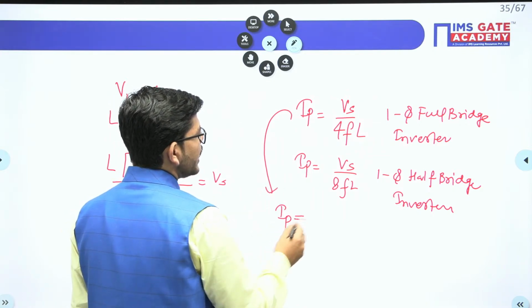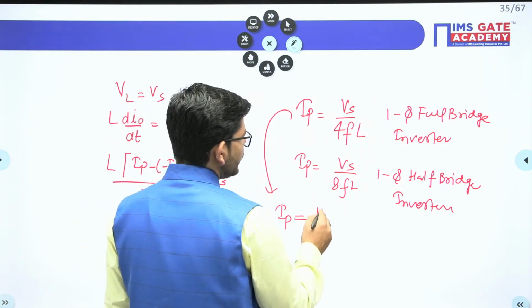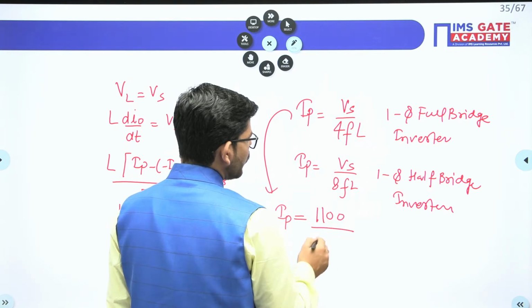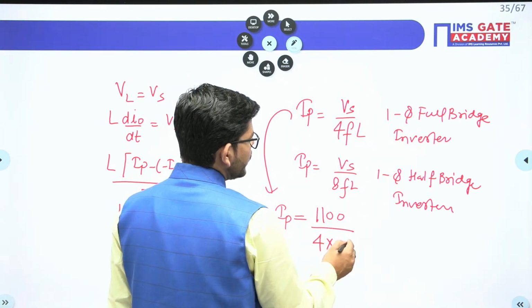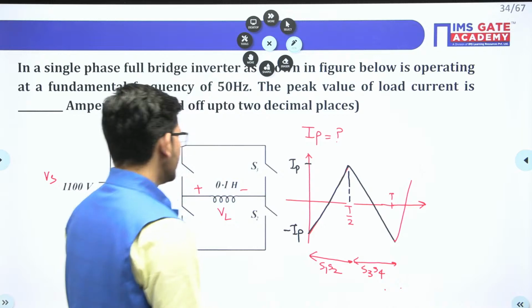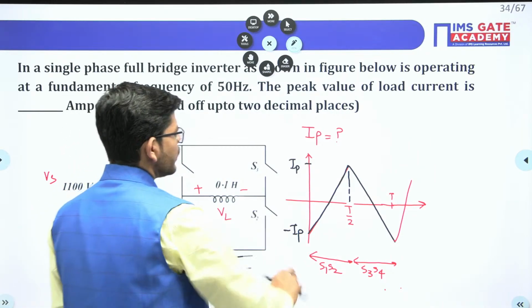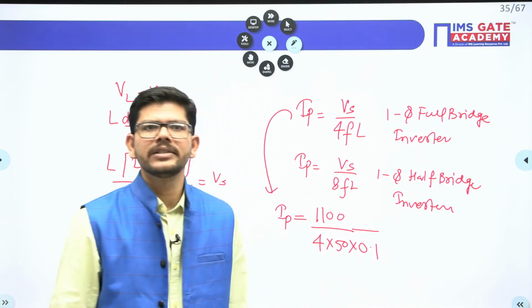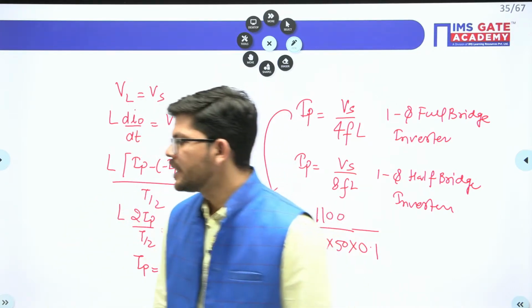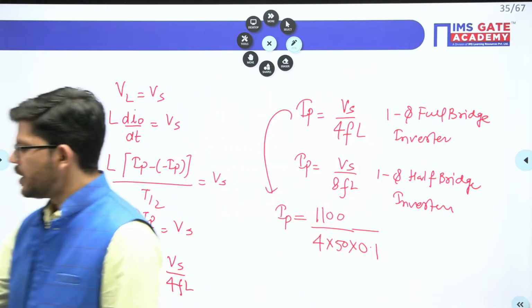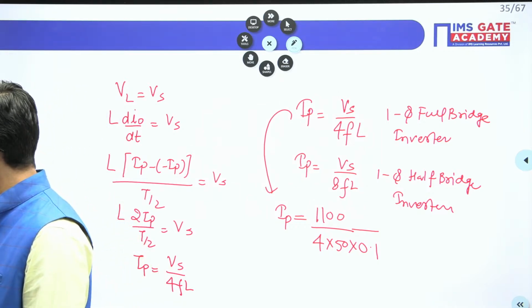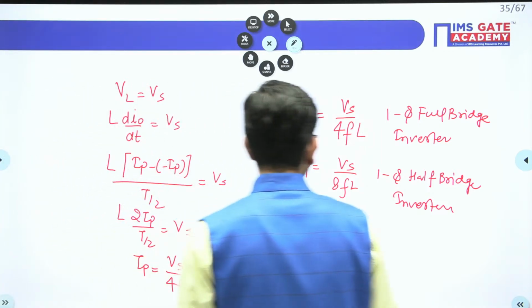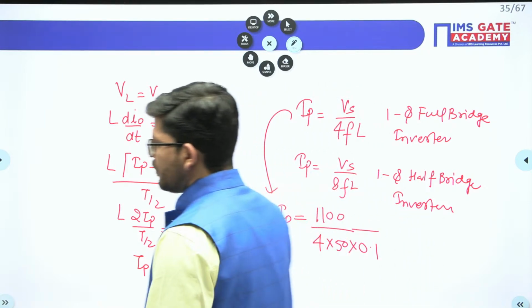And what will be the Ip value? Ip value is Vs, which is 100, upon 4 into F, which is 50, into the L value, which is 0.1. So just put the values and calculate the answer. What is going to be the Ip value here?